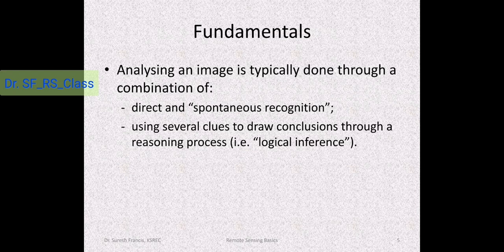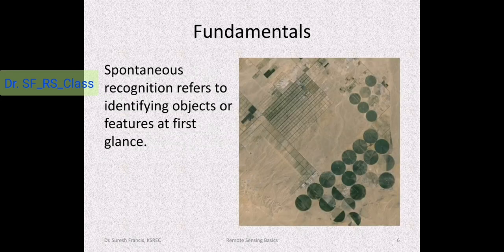On the other hand, he will use some clues and draw conclusions from some tones and textures and some patterns, some color of the object, based on its relationship, his expertise, and logical inference. So there are two ways of analyzing and interpreting an image: spontaneous recognition, and logical inference.